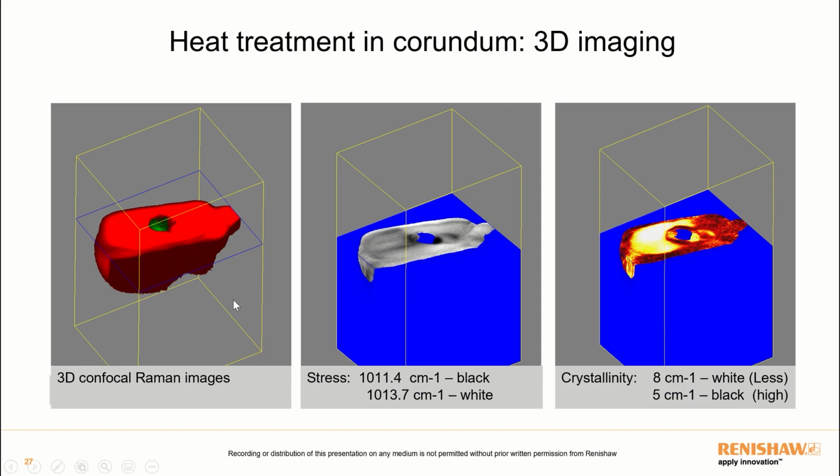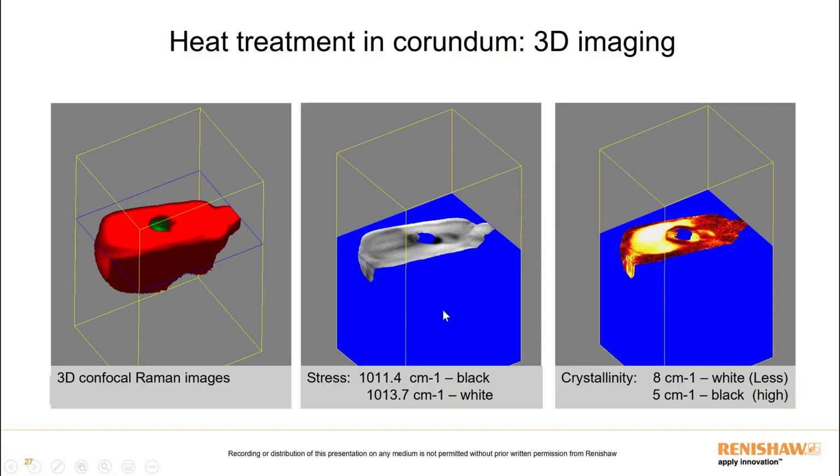And we can also use spectral variables to show chemical and physical properties of the sample that we are studying. In this case, for example, here we report the shape and size of the zircon inclusion, showing also in green color the CO2 bubble in the center.